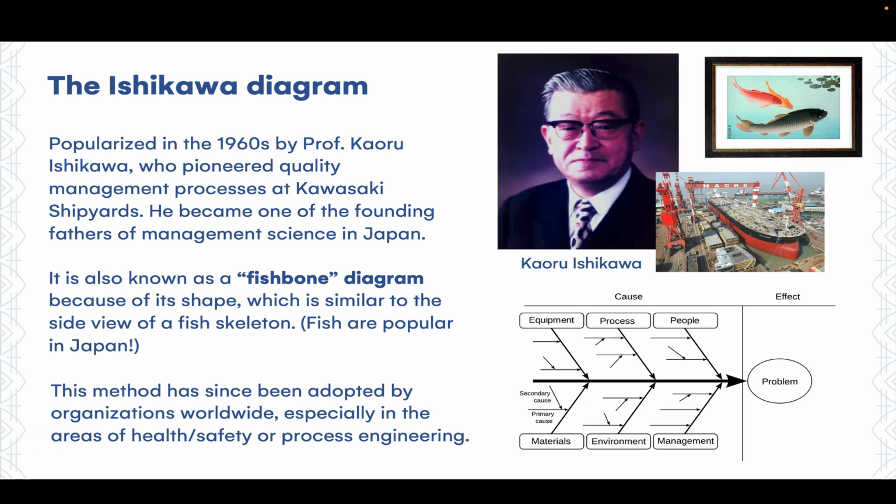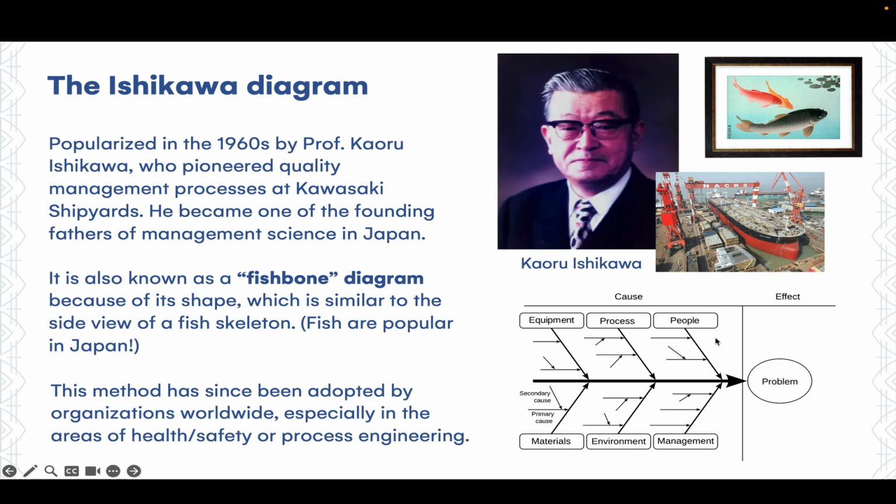This method has been adopted by many, many organizations around the world, and I've most commonly seen it in the areas of health and safety or process engineering. You can see that the basic element of an Ishikawa diagram is a problem, which is at the head. And the causes or potential causes of the problem are given branches here.